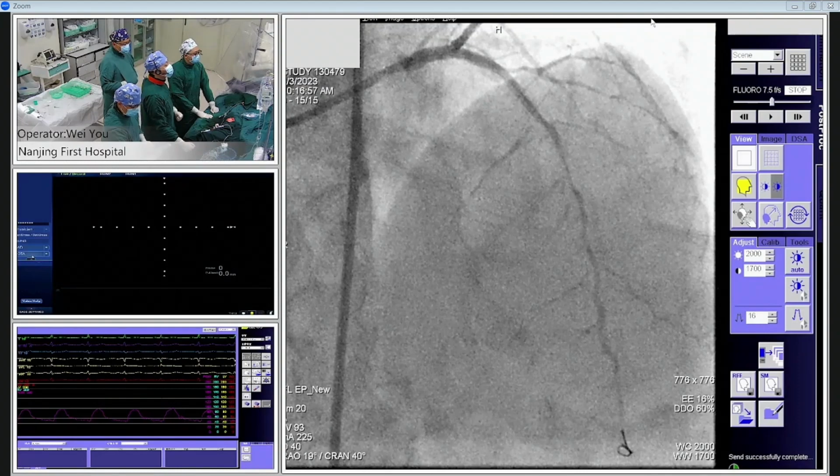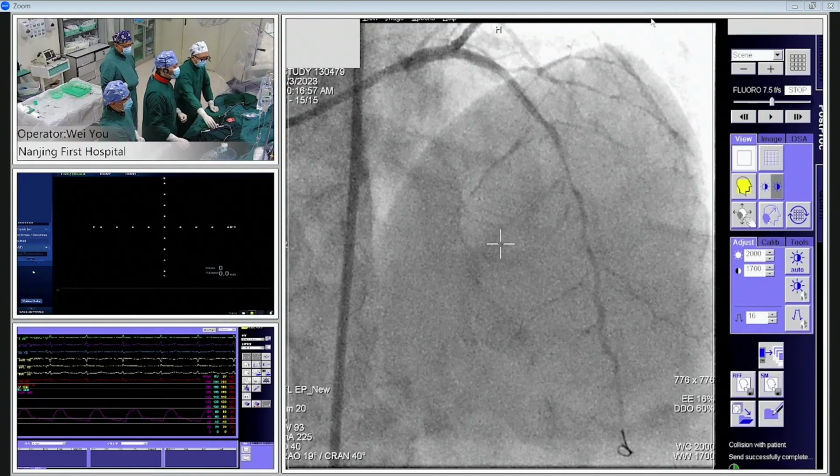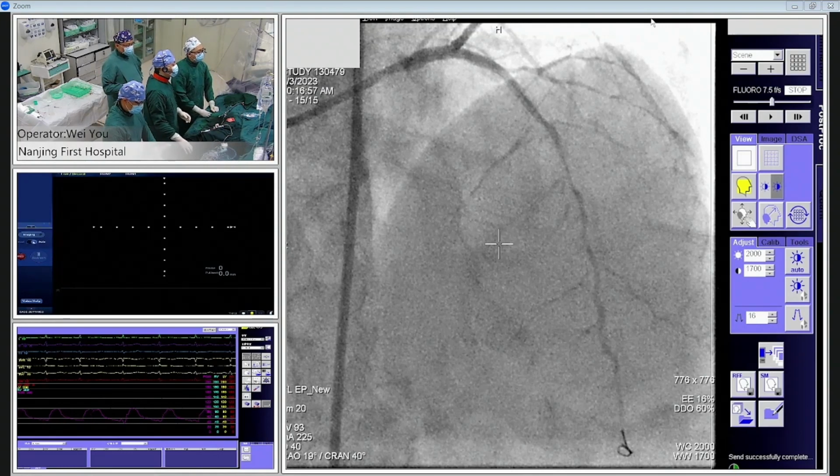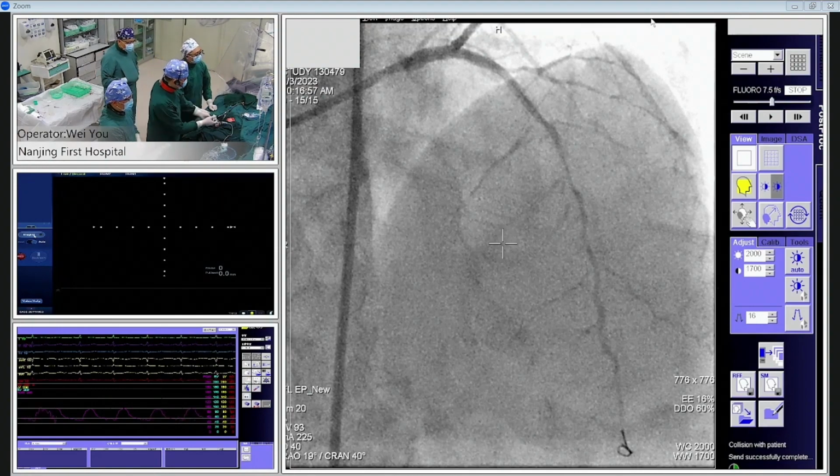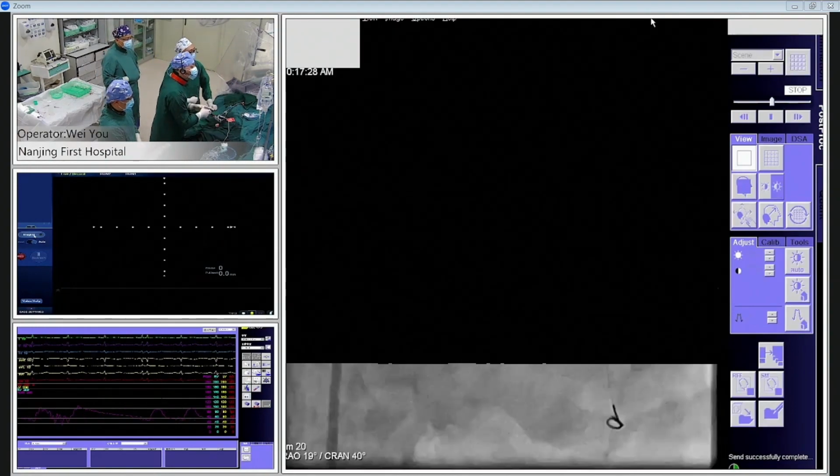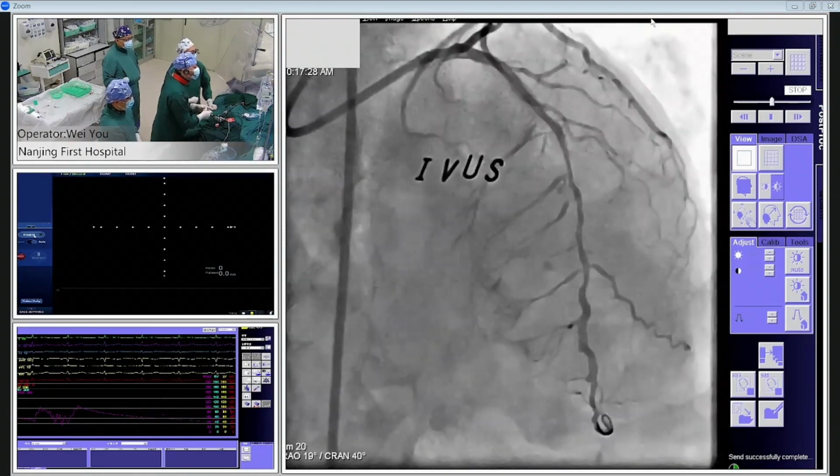And also you can see the ST elevation in aVR is better resolved. Just to mention, this may be the spasm after rotablation and the IVL treatment. Okay, we'll take a picture for you. Better than before.